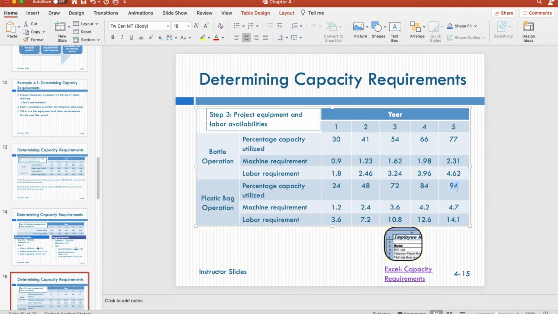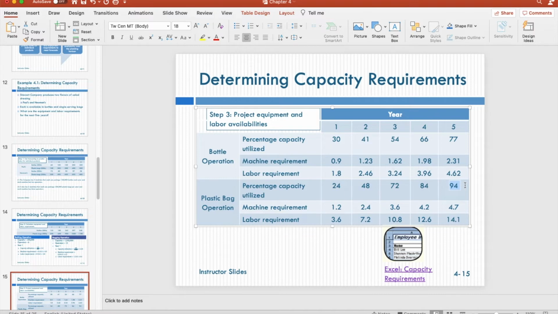So from the decision point of view, let's say if you are the CEO or the CFO, probably after you look at this number, you need to consider whether it's time to further improve the capacity level. This will be the time to consider whether you need to further improve the capacity level, because this number is too close to the 100% utilization rate, and you don't want to lose any profit opportunity.